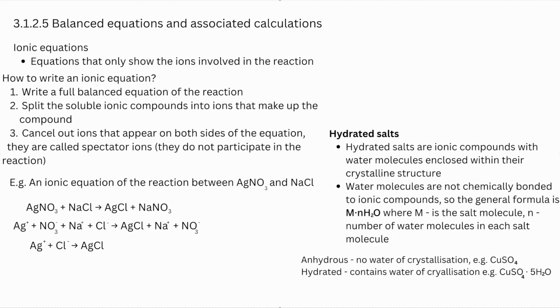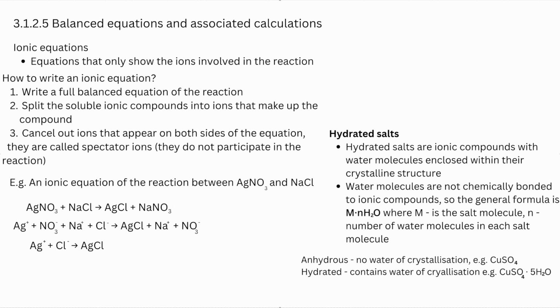Let's look at an example of an ionic equation of the reaction between silver nitrate and sodium chloride. First step is to write a full balanced equation. Silver nitrate plus sodium chloride goes to silver chloride plus sodium nitrate. Luckily, this reaction is already balanced, so we are ready to move on to the second step.